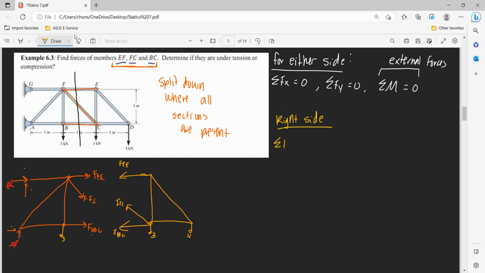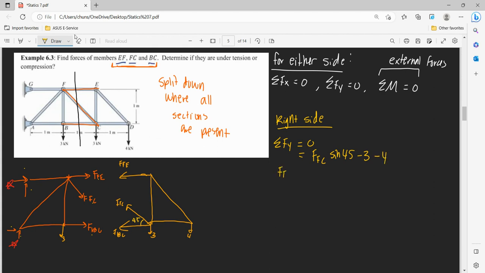So if we start with our Fy direction, this is 45 degrees, because the height and the width are the same. So this would be F_FC times sine 45. And then we have our external loads, so that's minus 3 minus 4.